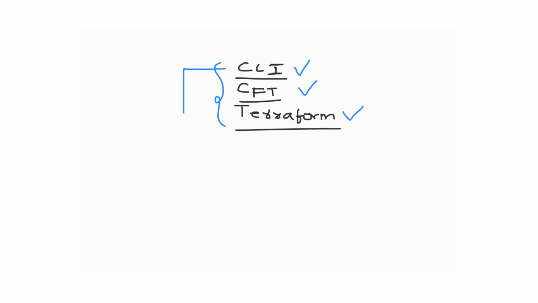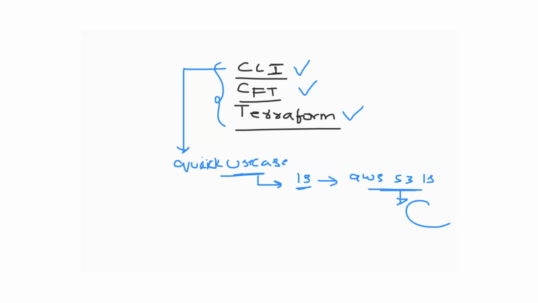CLI is a very quick use case thing. That means if your manager comes to you and says, Abhishek, just give me the list of S3 buckets in your project, then you can quickly run this command, AWS S3 ls, on your terminal, and you'll get the list of outputs.